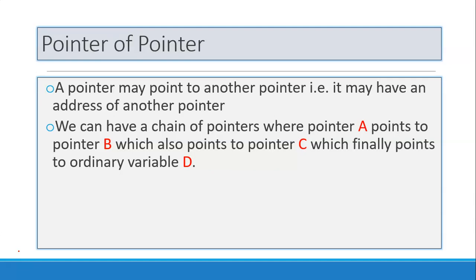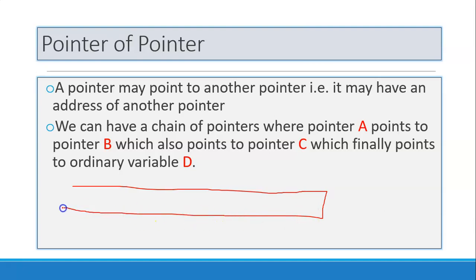In this video, we're going to show you some more concepts on pointers, starting with the concept of a pointer of a pointer. What is it? We should have a depiction of this, but just in passing, a pointer can hold the address of another pointer.